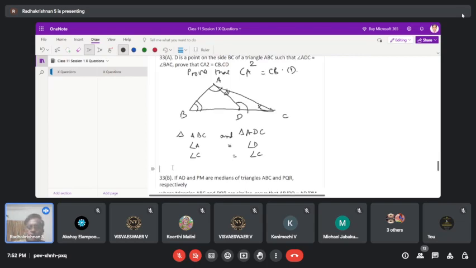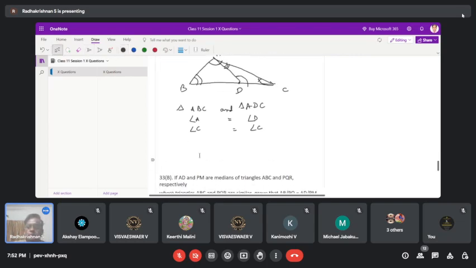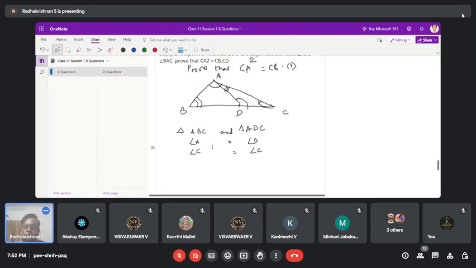So write down the property of similar triangles. CA square is what is asked. CA is opposite to angle B, so angle B is equal to angle A in the other triangle.